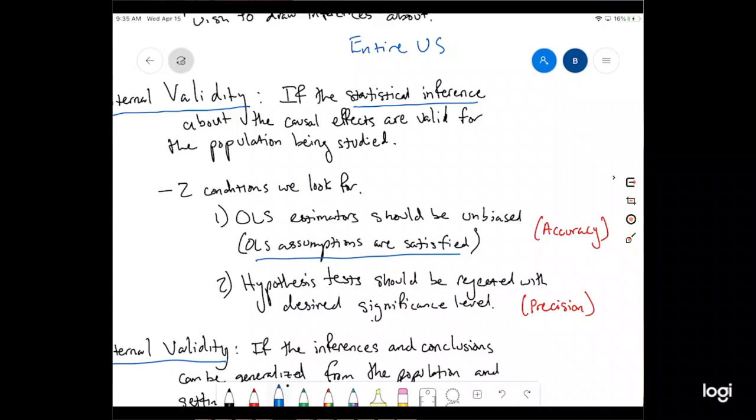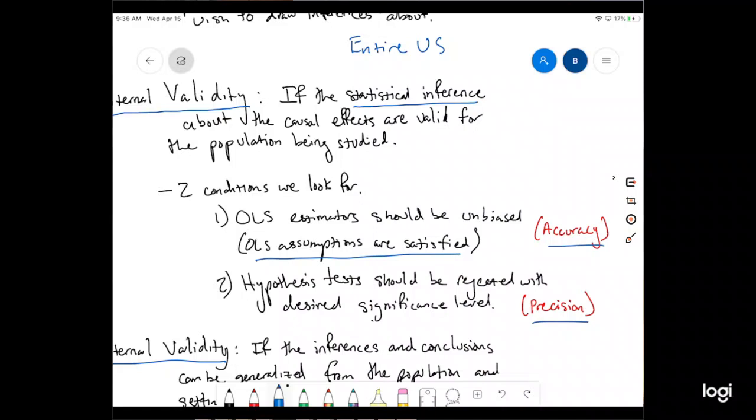The second condition is that the hypothesis tests that we specify should be rejected with the desired significance level. And we can think of this as maybe precision. So the first is accuracy, and the second is precision. Precision being that our standard errors are small enough that the estimates are meaningful, right?